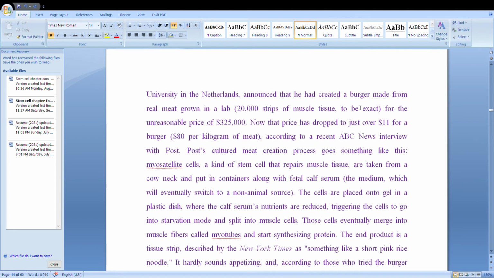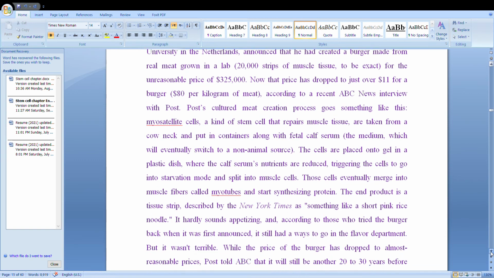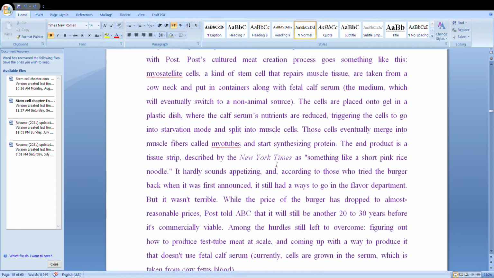They had created a burger made from real meat grown in the laboratory. They grew it in the laboratory. The cells were placed onto the gel in plastic dishes. This is the same procedure, with media, serums, and media which will eventually switch to non-animal sources.